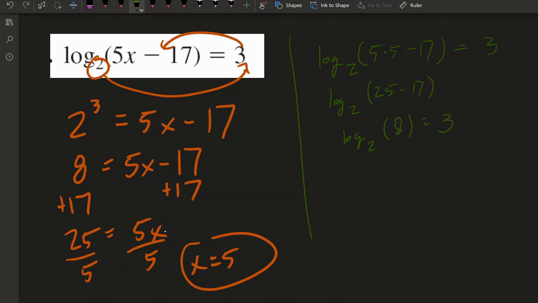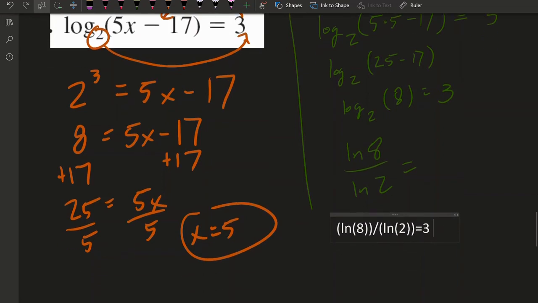And then just using a calculator to check, I'm going to use change of base to rewrite this as ln 8 divided by ln 2. If I did that correctly, the answer should be 3. So let's just run a quick check. Natural log 8 divided by natural log 2 is equal to 3. Okay, so this one works. We can move on.